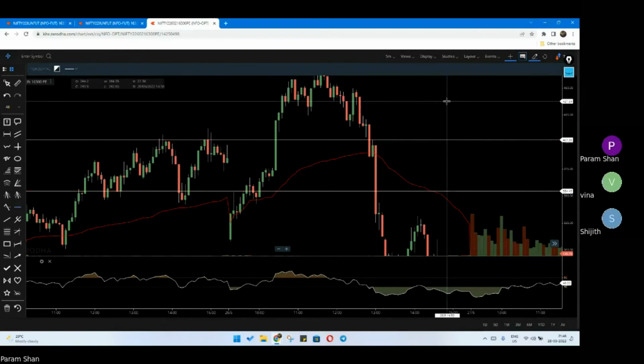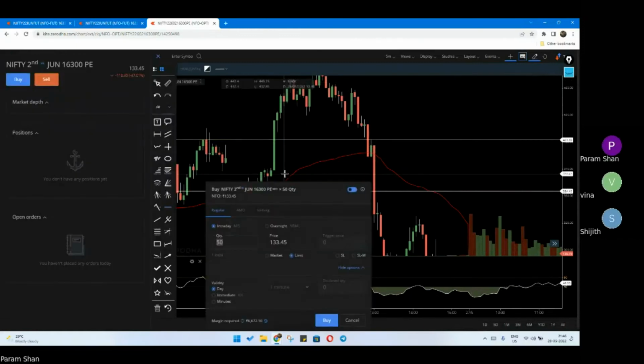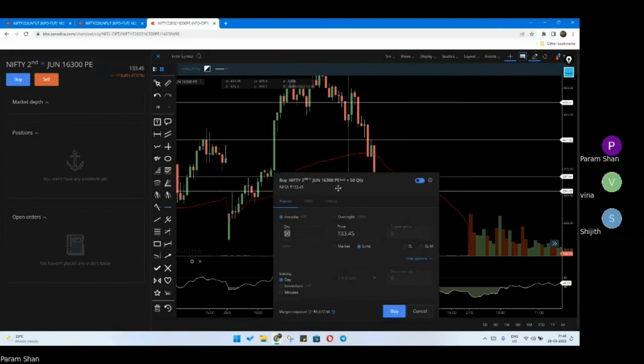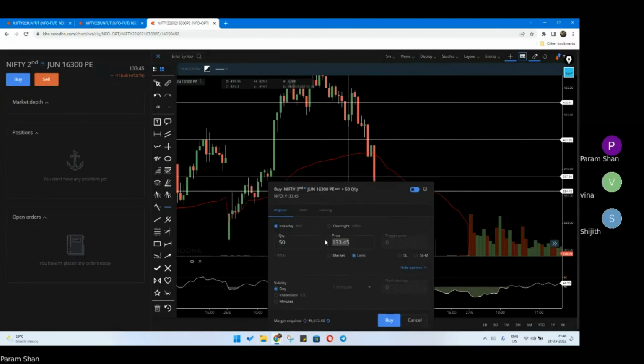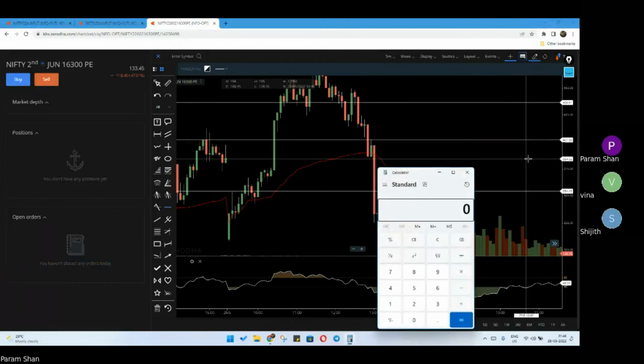With a very small capital, it's good only. What is the capital we need to enter one lot at 354? All we need is just 6,000. If we have bought this for 6,000 and exited, let's use a calculator. Nearly 3000.